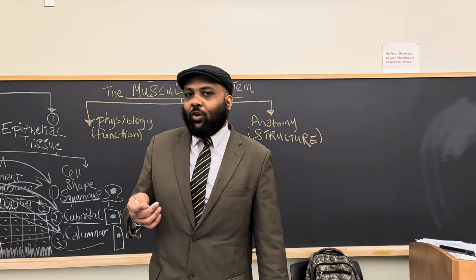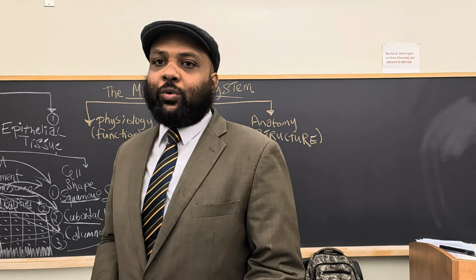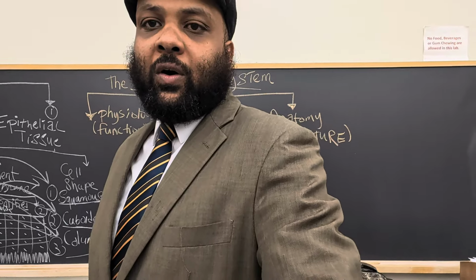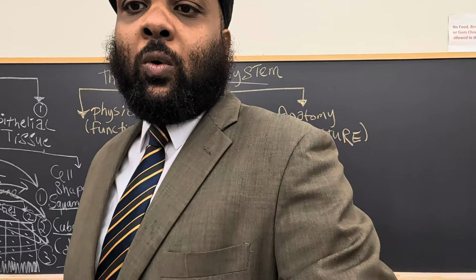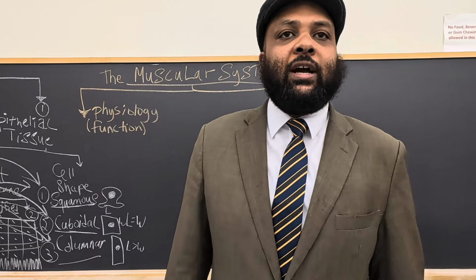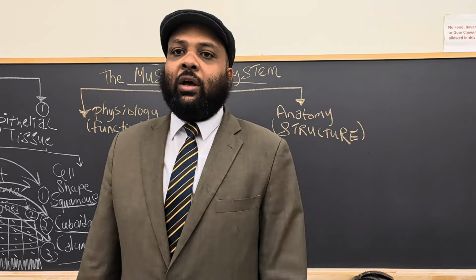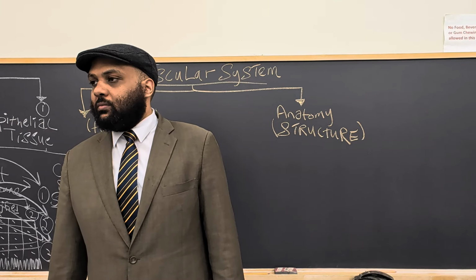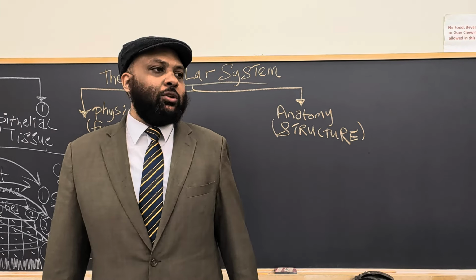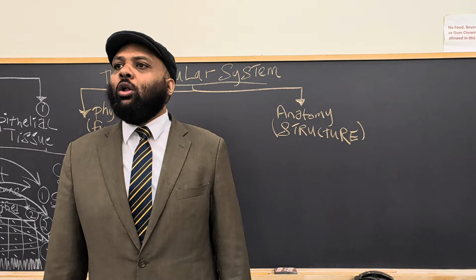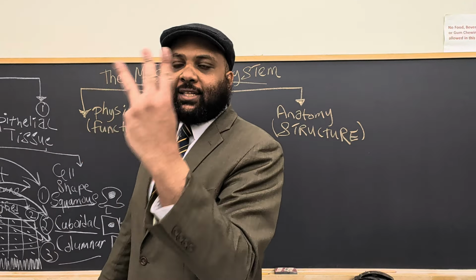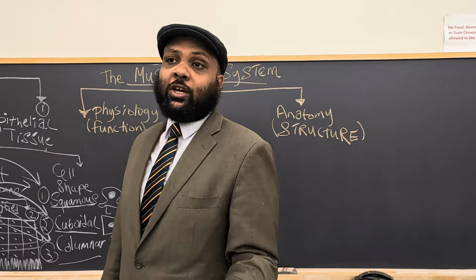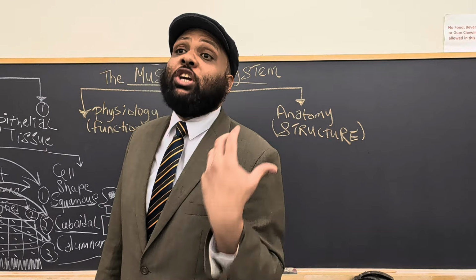So under the microscope, does it make sense to assume that all muscles, whether they are smooth muscle, cardiac muscle or skeletal muscle, if they all are muscles, are they looking the same? Do they look the same under the microscope? Are the three identical under the microscope? No, because they have different structure and they have different function.